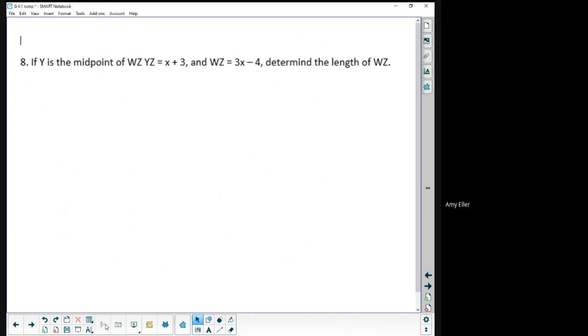Number 8. Go ahead and get your picture and then we'll talk about it. Maybe put a period after WZ. Y is the midpoint of WZ.